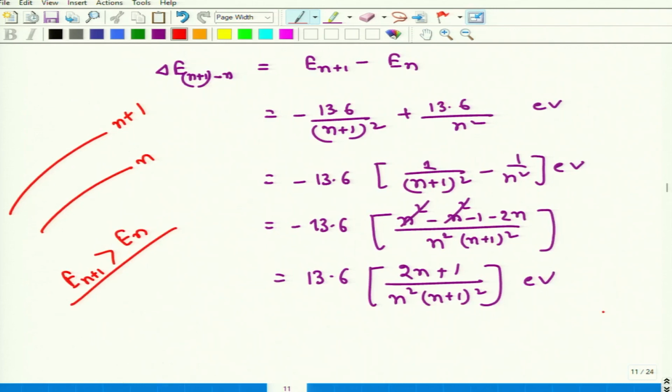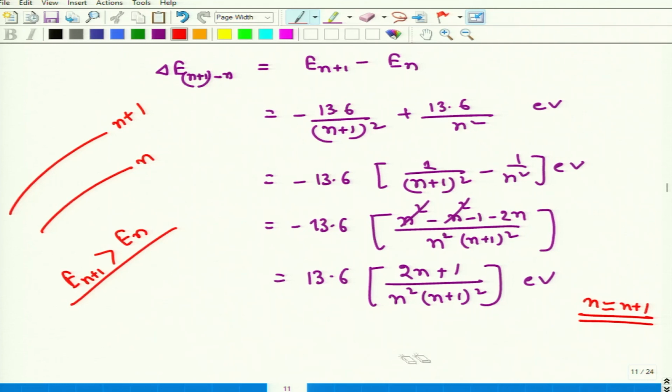Now if n is very high, then what will happen? If n increases rapidly, then we can treat n and n plus 1 as equivalent to each other. Then it will be 2n divided by n square, with 1 negligible, and again n square, that means n to the power 4 something will come.